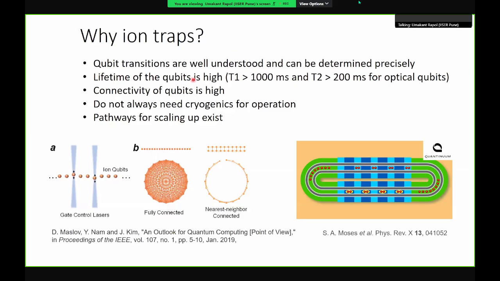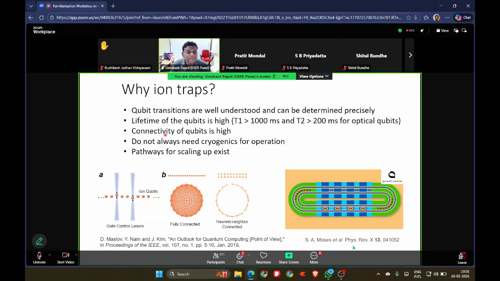Depending on what kind of system you choose, the lifetimes of the excited states of the qubits can be very high, as long as seconds to many seconds. However, that depends again upon the gate operation times, which I'll not get into right away.